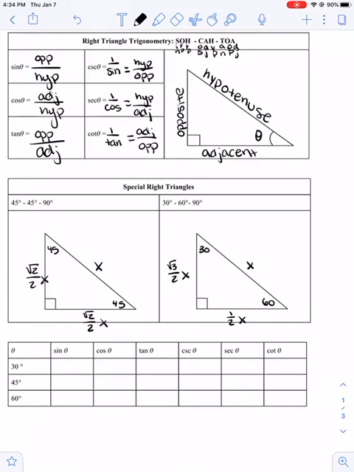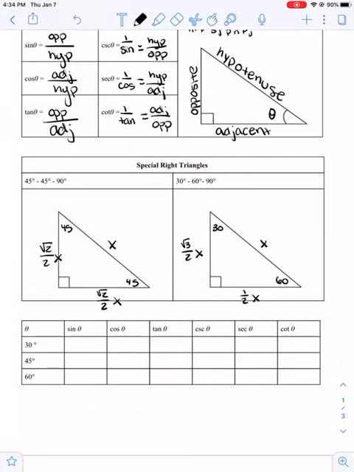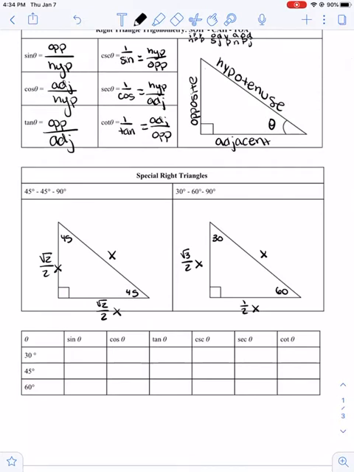Alright, so now we're going to find the sine, cosine, tangent, cosecant of all the angles in the 45, 30, 60 triangles. We just built the triangles, and we know our right triangle SOHCAHTOA, so we can figure these out. We're looking at angle 30 first.